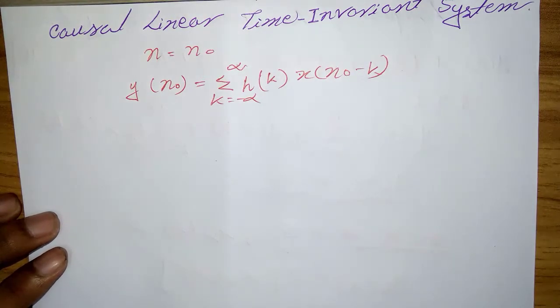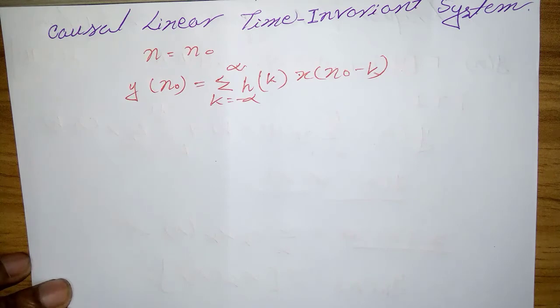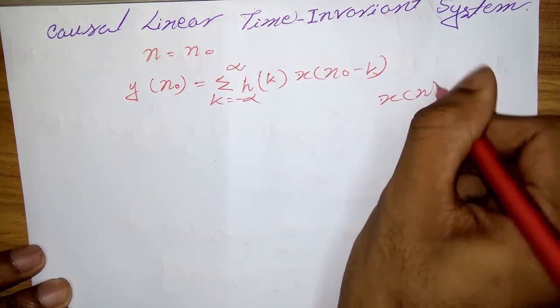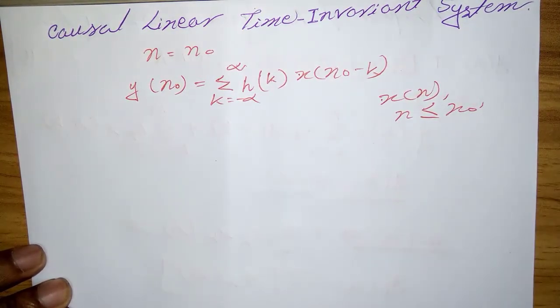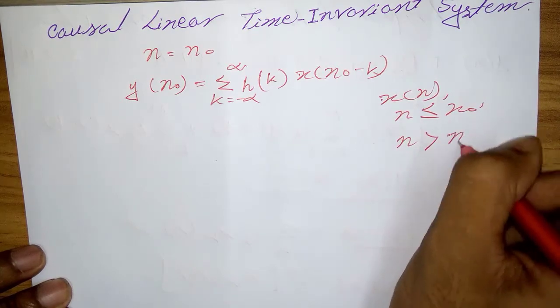One set represents the past values of the input, that is x of n for n less than n naught, and one set involves future values of the input, that is n greater than n naught.